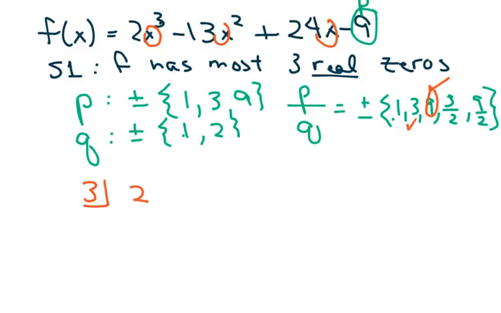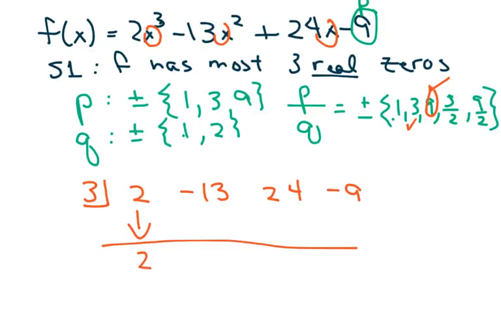And write down my coefficients. 2, -13, 24, and -9. Bring down the 2. I'm going to multiply here and add. So you get 6, negative 7, negative 21. Right around in here, you should be able to see that this is going to work.